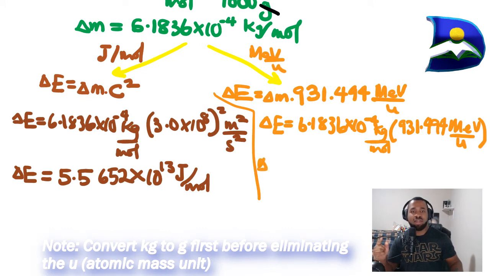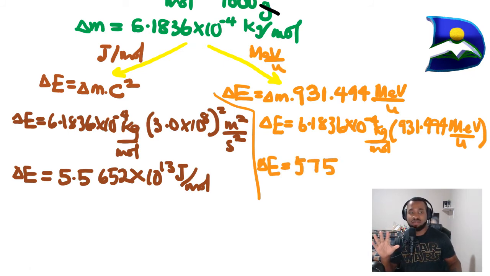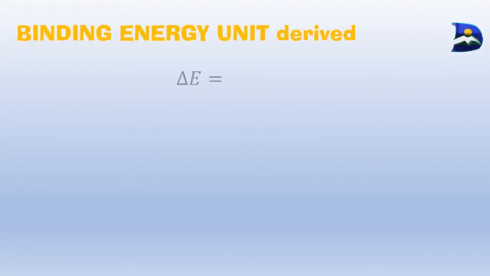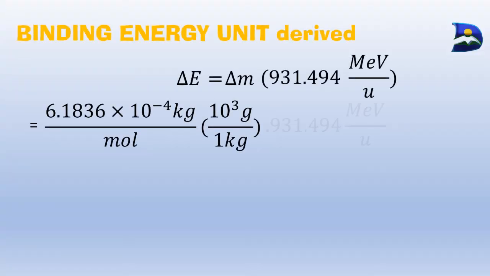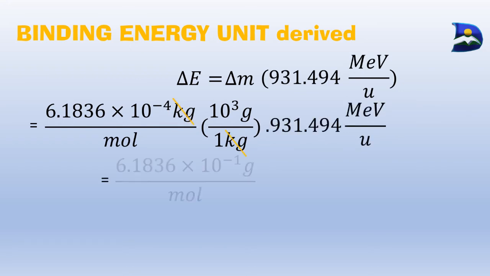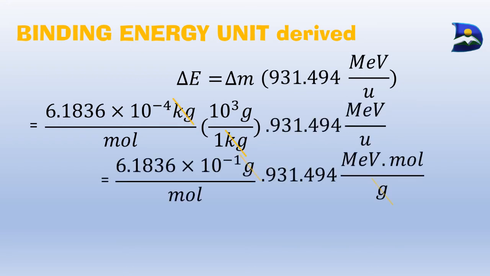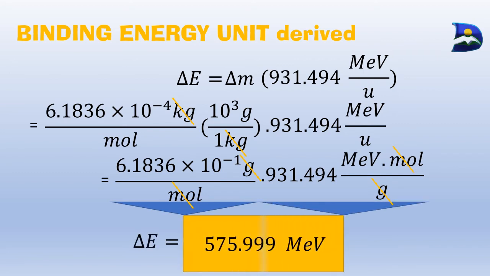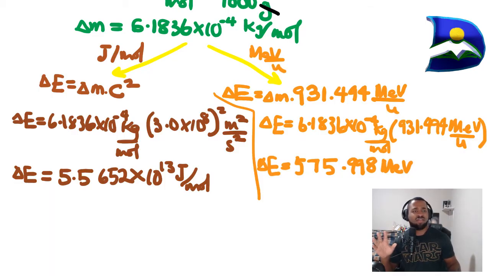So therefore, in this case here, our change in energy using this method here is actually going to be equal to 575.998 mega electron volts. So since you have this as your value for our change in energy, that is really interesting because you're wondering, how is this on the left side equal to that on the right side?